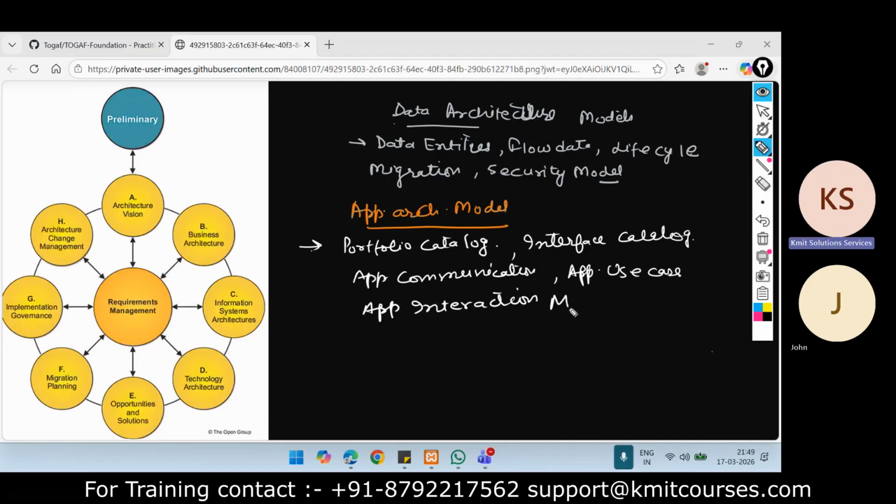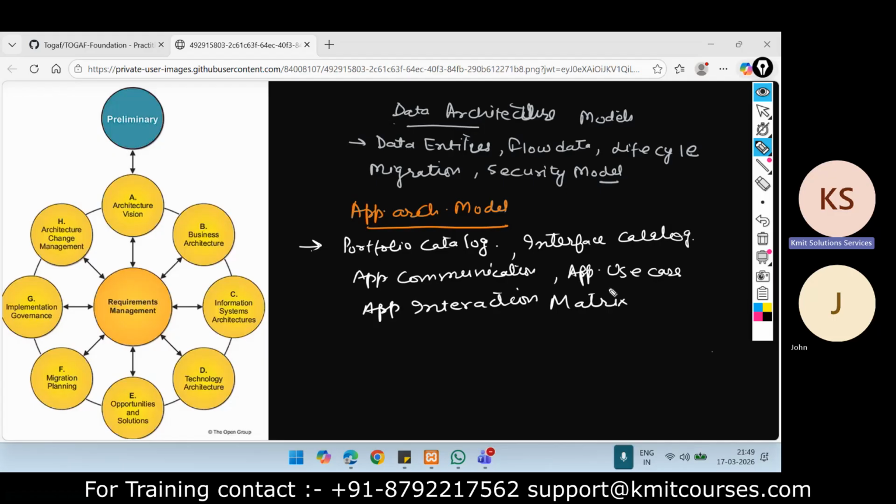For example, if some application is related to sales, it is not related to some other department of the business. So those things we will have. Right. So these are the application architecture model examples.